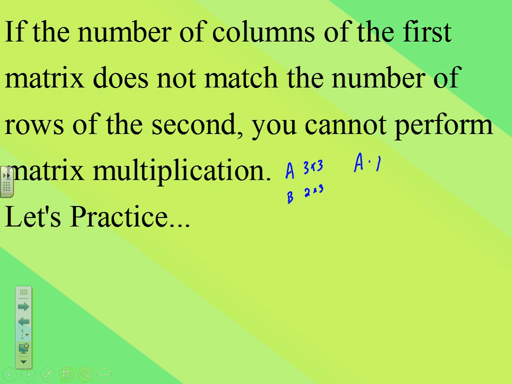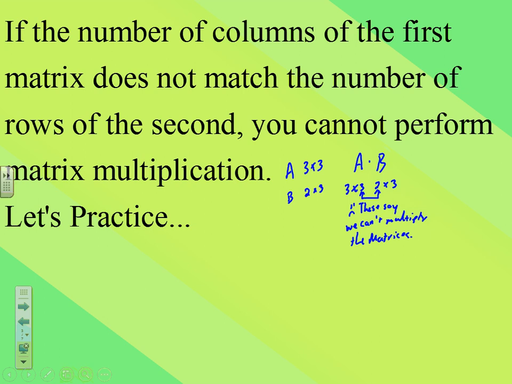If we say A times B, if we compare the two sizes of the matrices next to each other, 3 by 3 and a 2 by 3, because these two numbers, the column of matrix A and the row of matrix B, are different numbers, these say that we can't multiply the matrices together. Okay, that's what that statement is saying.